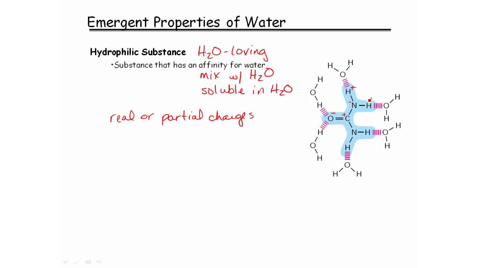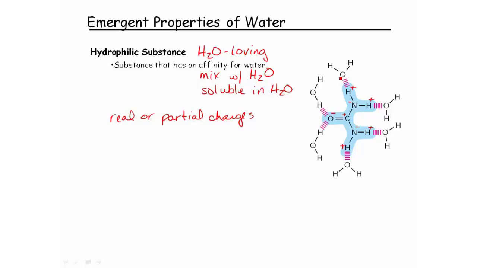And if I go through here and quickly label them on this diagram, hopefully you can see that anywhere we have a negative charge, you've got the hydrogen end of the water next to that. Anywhere that we have a positive charge, we've got the oxygen end of the water molecule close to that.